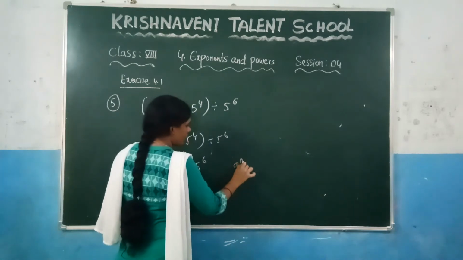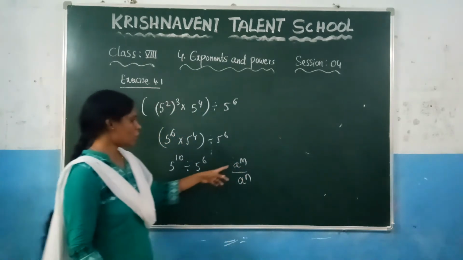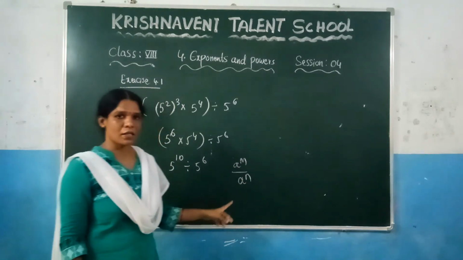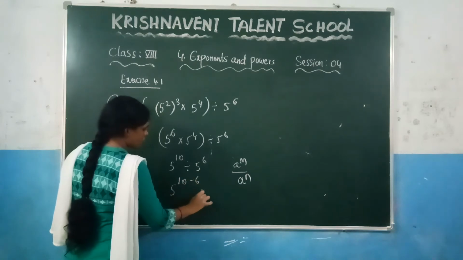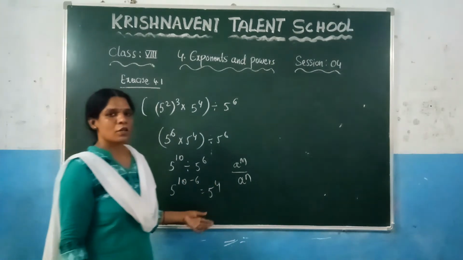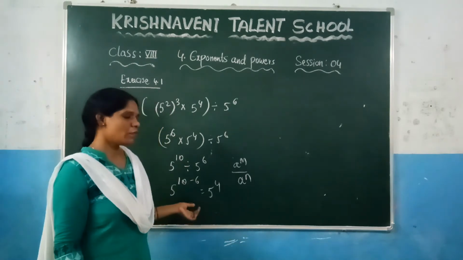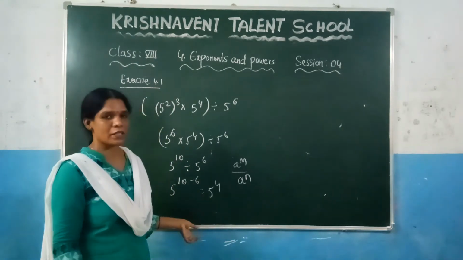And again it is in the form of a power m by a power n. Right? Since we are dividing, you can subtract the powers. So here you will get 5 power 10 minus 6 which is nothing but 5 power 4. That means you need to multiply 5 four times, which gives you 5, 25, 125 and 625.